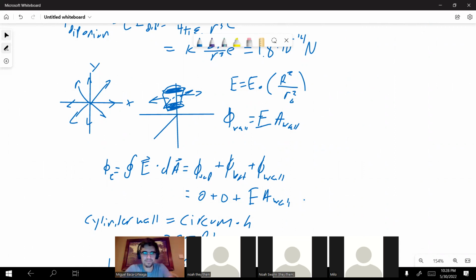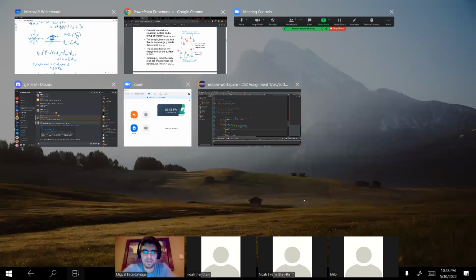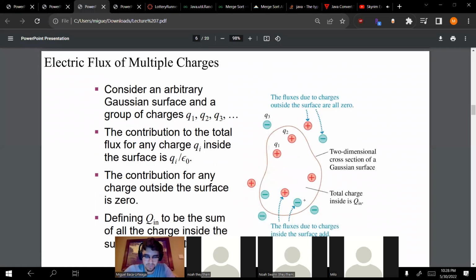Okay, let's keep going. Electric flux of multiple charges. This is funny because it's right out of the textbook. So one of the things is that we need to take into consideration the superposition principle. So the electric field is the addition of all the electric fields and the effects that they have on each other.